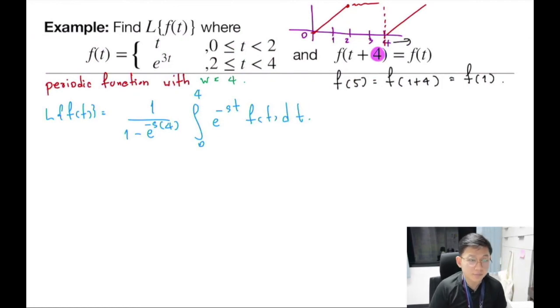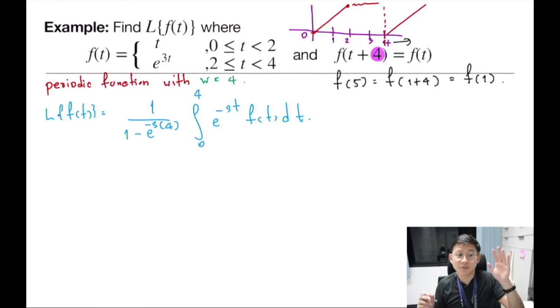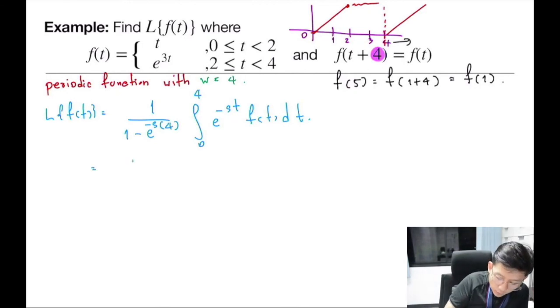That is from the formula, when you substitute w with 4. And then you get 1 over 1 minus e to the minus 4s.